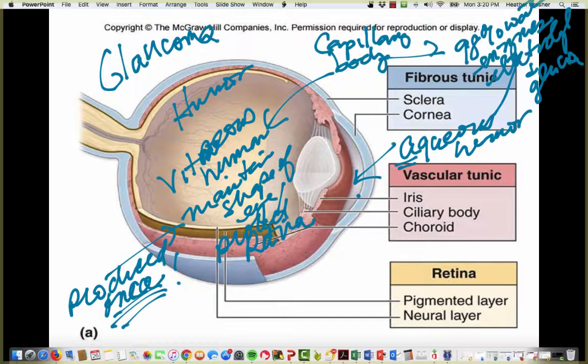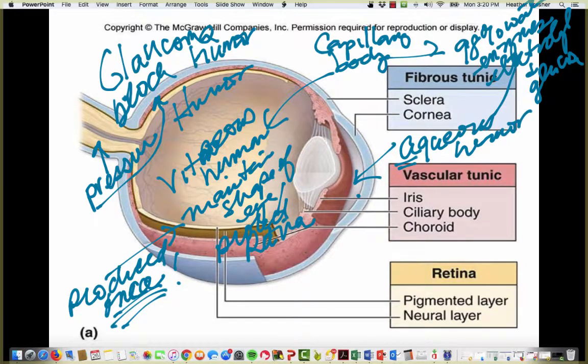And so basically, you block the drainage of humor and it increases pressure, and it can cause compression of the retina and the optic nerve, and so that's what ends up leading to blindness.